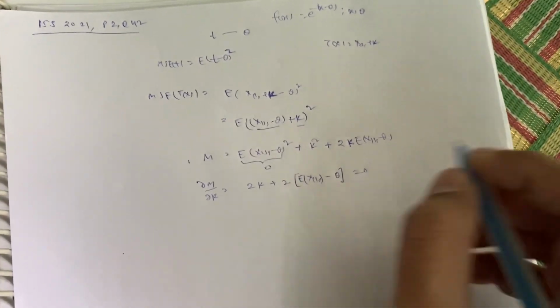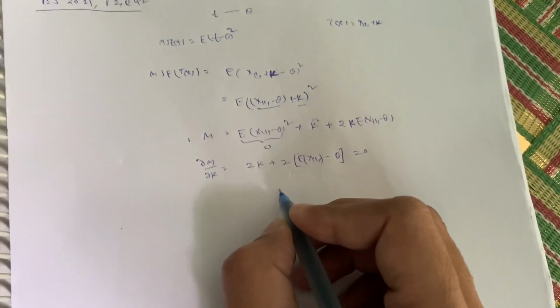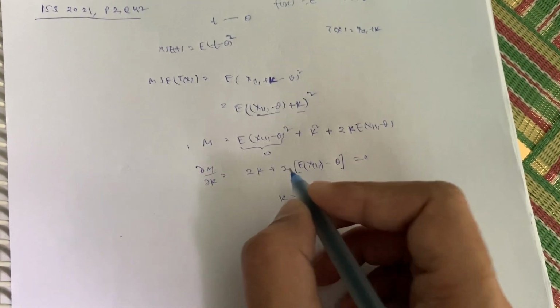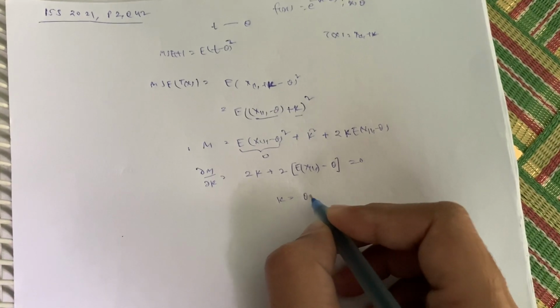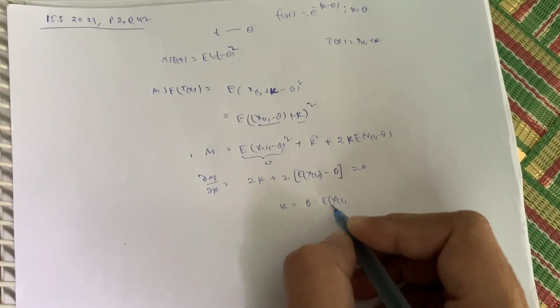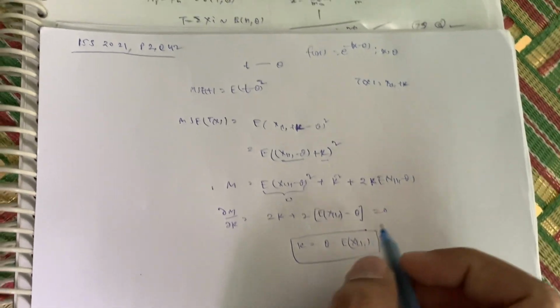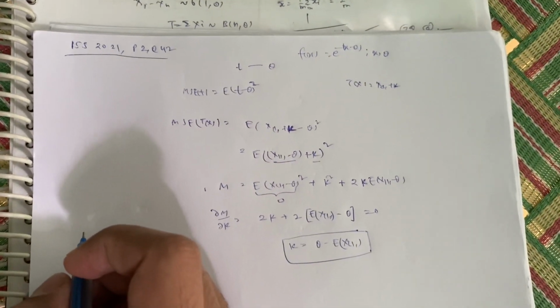Now put it equal to 0 to find the value of k. The 2 cancels out, and k is theta minus the expectation of X(1). At this value of k, our MSE is minimum.